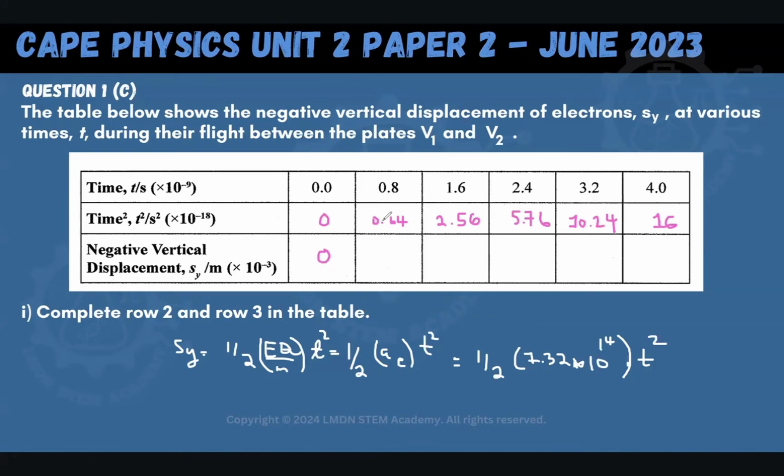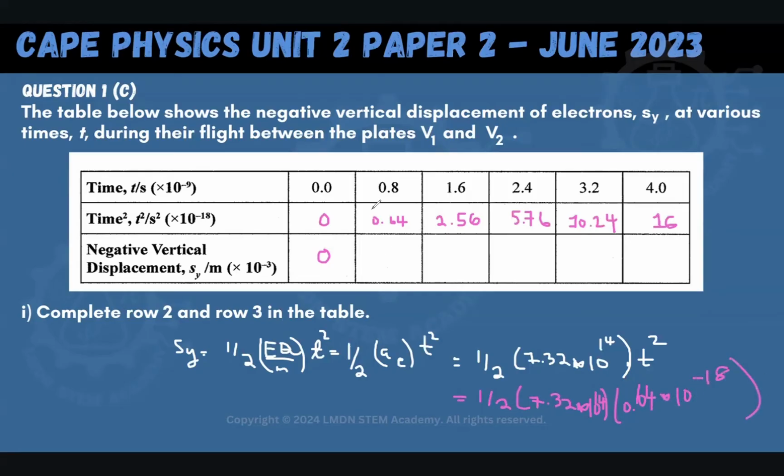But for this one, I have to plug in 0.64 times 10 to the minus 18. So let me go ahead and do that. It's going to be half of 7.32 times 10 to the 14, and then the time squared, 0.64 times 10 to the negative 18. So that's my t squared value.